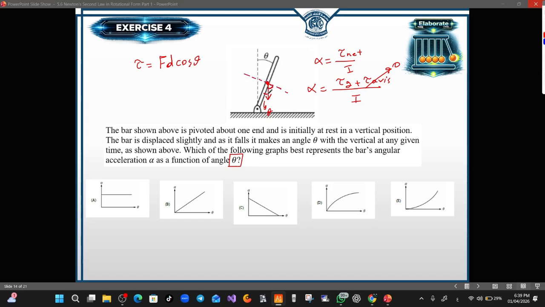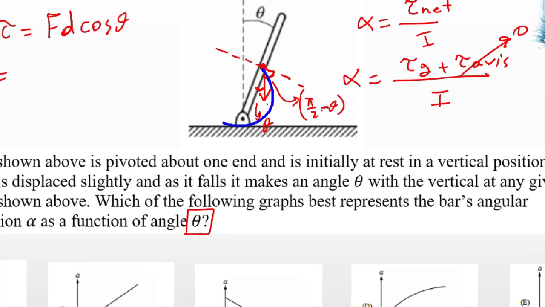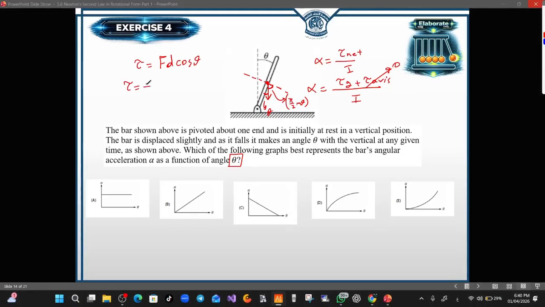Now, since we know this is theta, then this angle becomes pi over 2 minus theta. So the rotational effect of this force is in the same direction as the positive sense if we consider the positive sense in this way, so we use the plus sign.